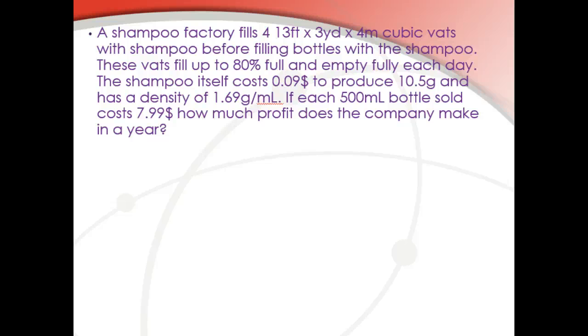Okay, in the first part, we've got 4 vats, we've got dimensions for vats, and we've got 80% full per day. So I can figure out volume per day, and I know that since I've got the density, I can get grams per day. And if I get mass per day, I've got a conversion factor, $0.09 for every 10.5 grams.